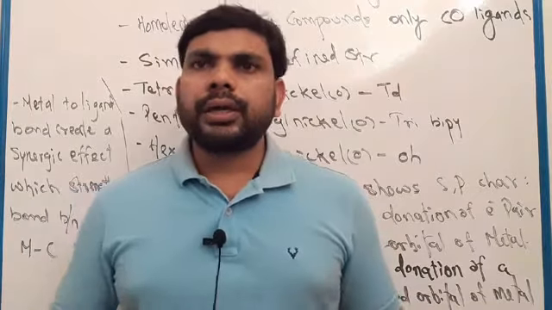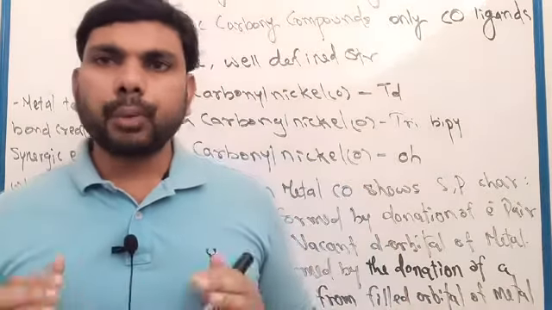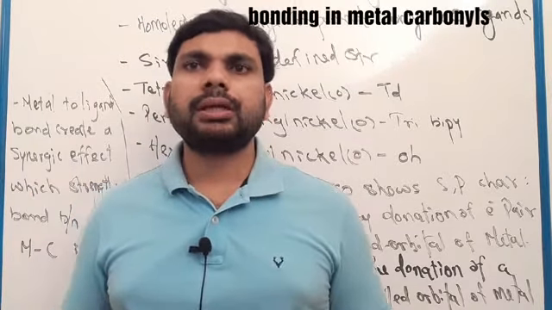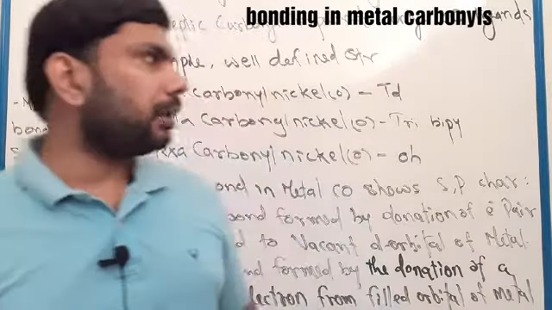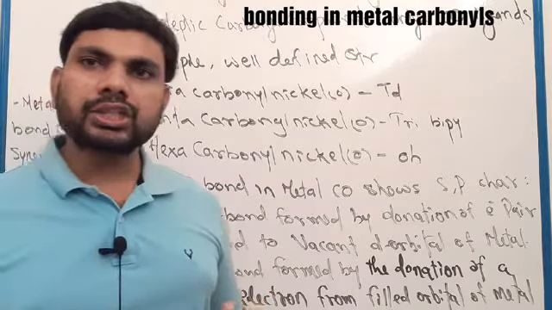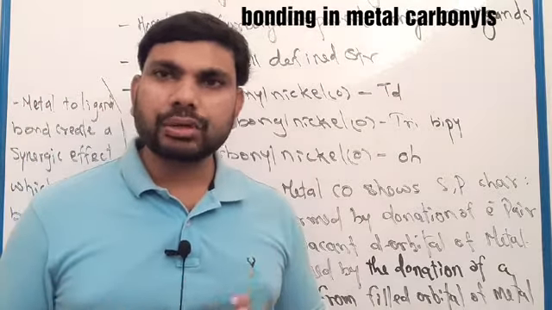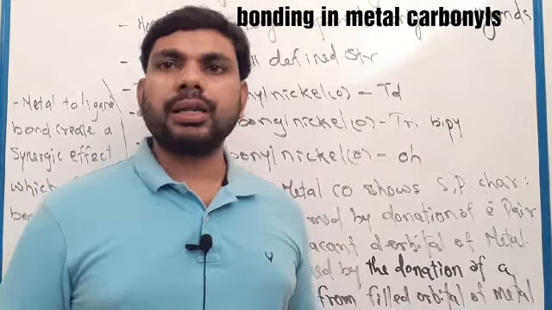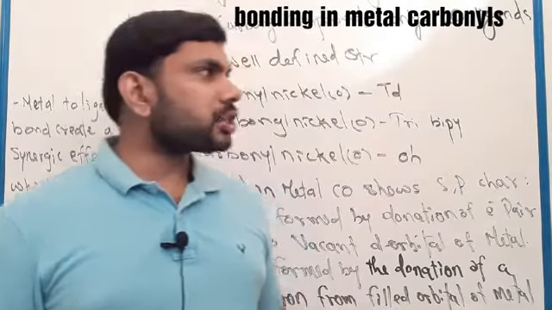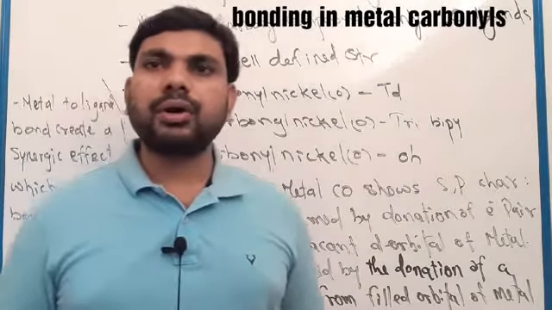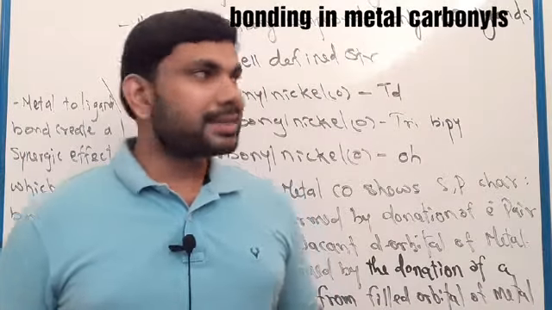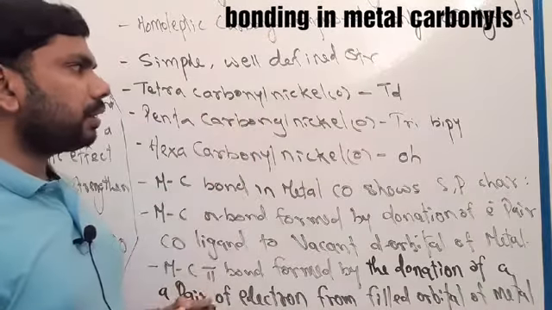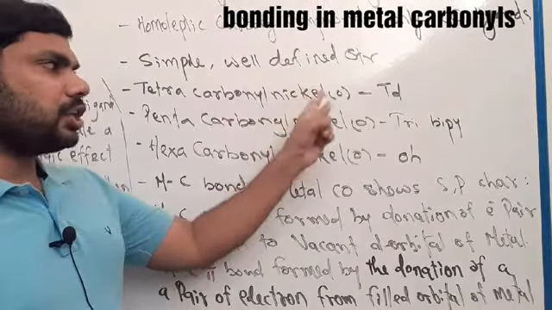Clear? Okay, next we have to discuss bonding in metal carbonyl. Metal carbonyl is a coordination compound. It contains a central metal atom and the ligand carbonyl, CO. Such coordination compounds are called metal carbonyls. An example of a metal carbonyl is tetracarbonyl nickel 0.